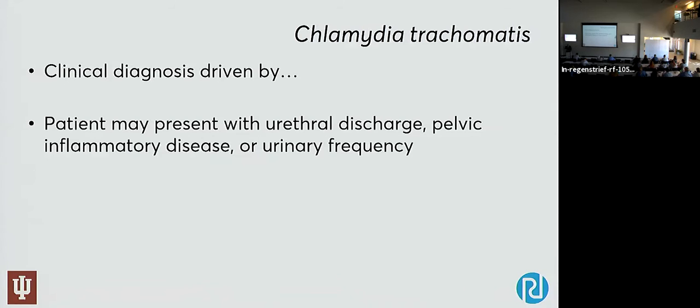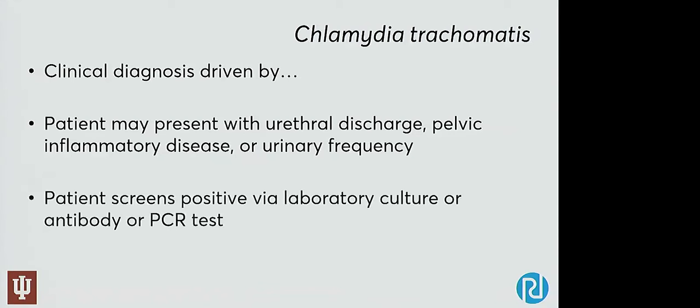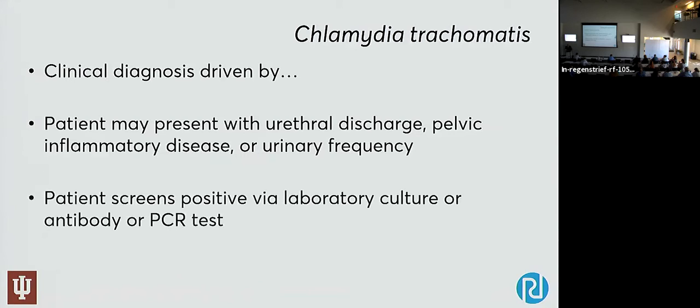However, we then follow that up by ordering a lab test and confirming the diagnosis through the laboratory. Patients screen positive via lab culture, antibody, or PCR test, and then we say we now have a case of chlamydia, right? So it's not just the physical presentation, and it's not just the lab result. The two often work hand in hand to confirm a case of chlamydia.